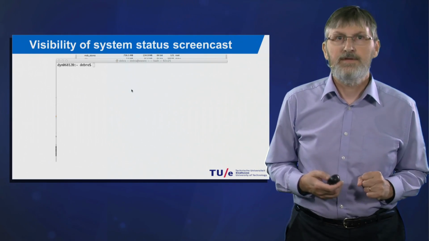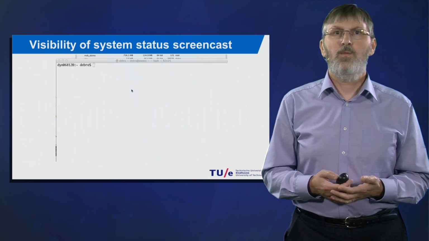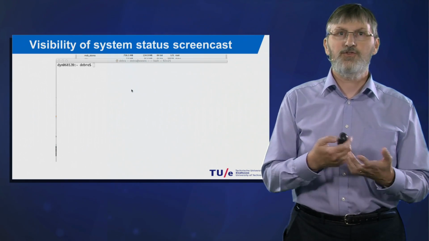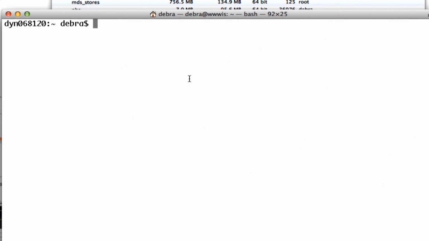We have a screencast that will show you in computer terms what it means for the system to show or not show the status. In this screencast, I'm going to try 3 different Unix commands. And although the system's reaction to these commands is very different, it doesn't show that at all. Let us first start with the cat command.